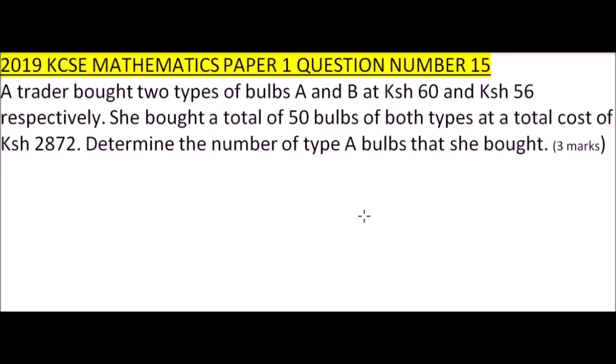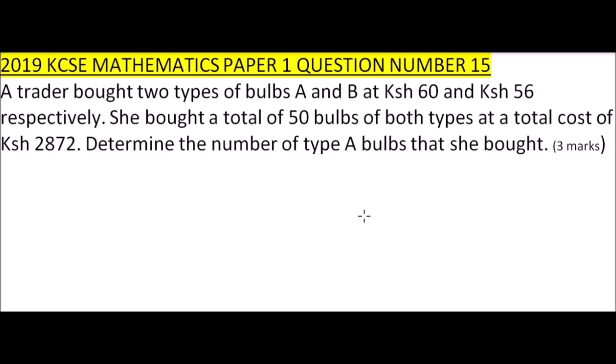Number 15, 2019, paper 1. We are told a trader bought 2 types of bulb, A and B, at 60 Kenya shillings and 56 shillings respectively. She bought a total of 50 bulbs of both types at a cost of 2,872.